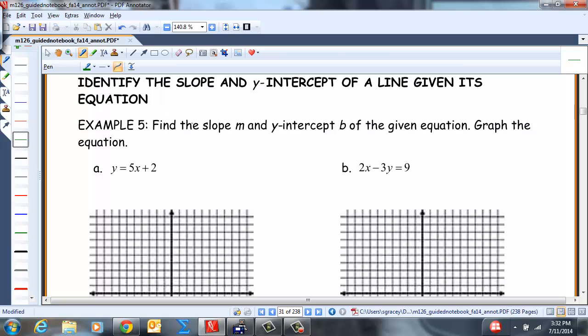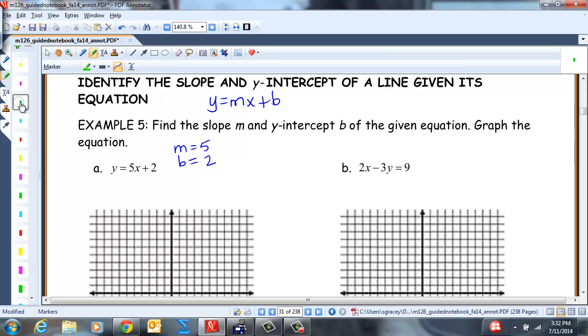Remember, slope-intercept form is y equals mx plus b. So the m here is going to be what? Good. 5, and b is positive 2.